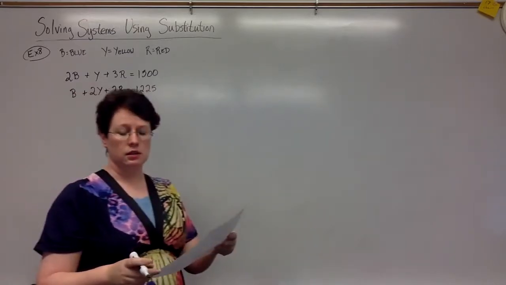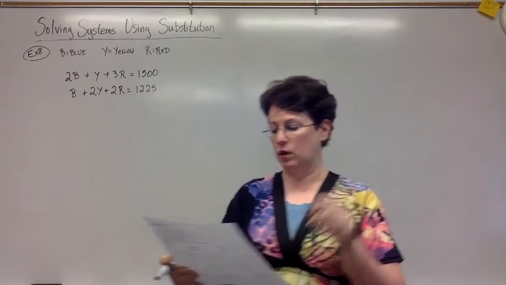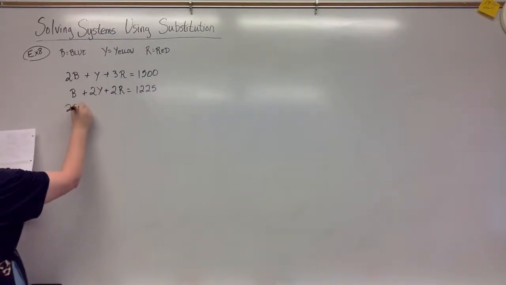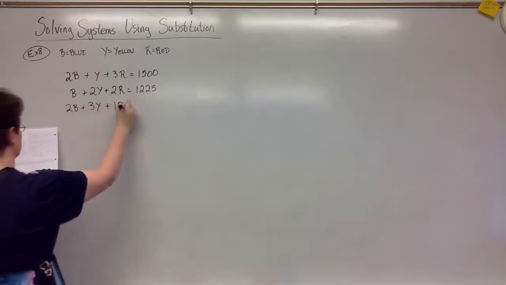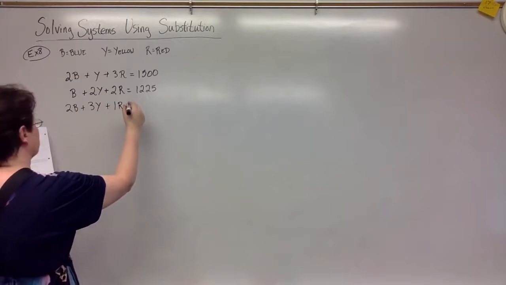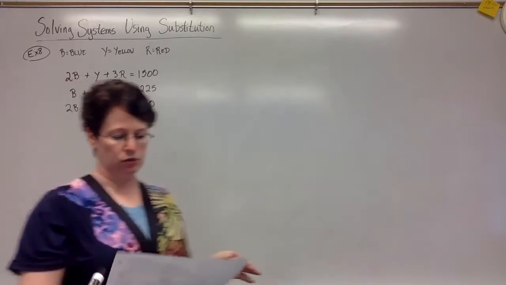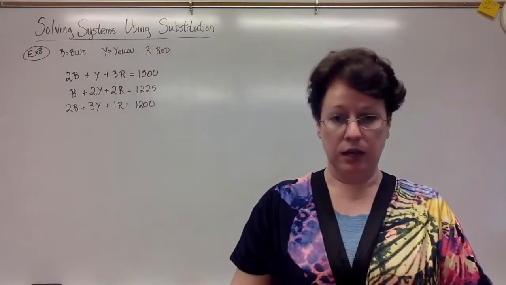Now we have Jessica. Jessica has 2 blue, 3 yellow, and 1 red. Okay? So 2 blue, 3 yellow, and 1 red. And that's 1,200 points.